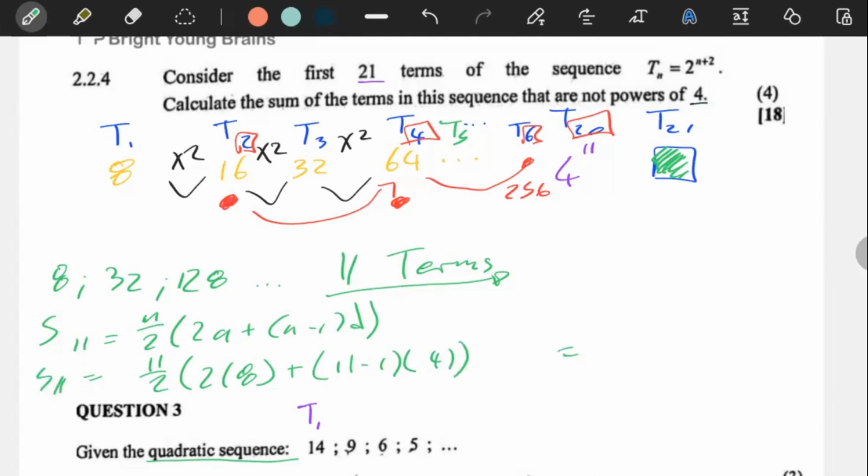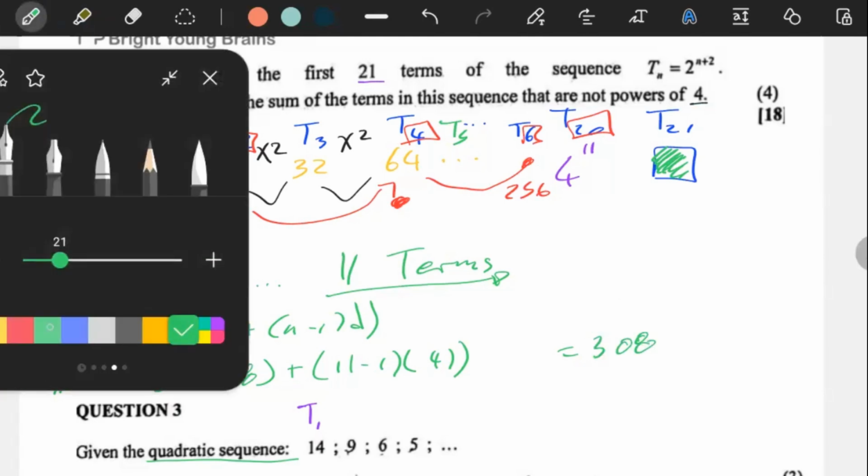So all the terms that are not powers of 4, this is the sum of all those terms. 11 over 2 times 2 times 8 plus 11 minus 1 times 4, where 4 is the common difference. So this is 308. 308 is your final answer.